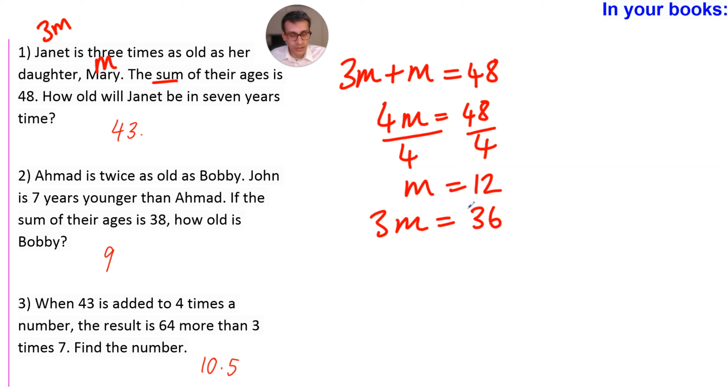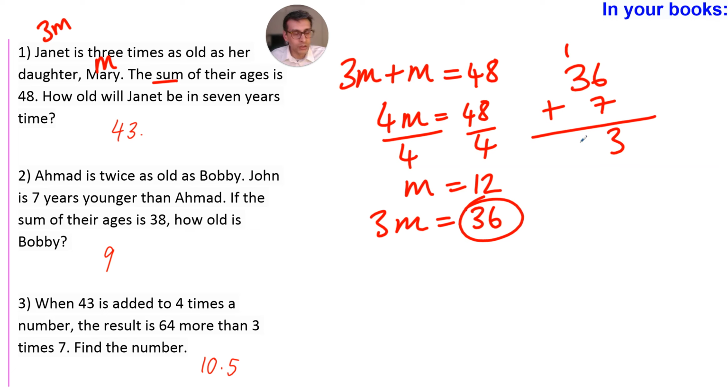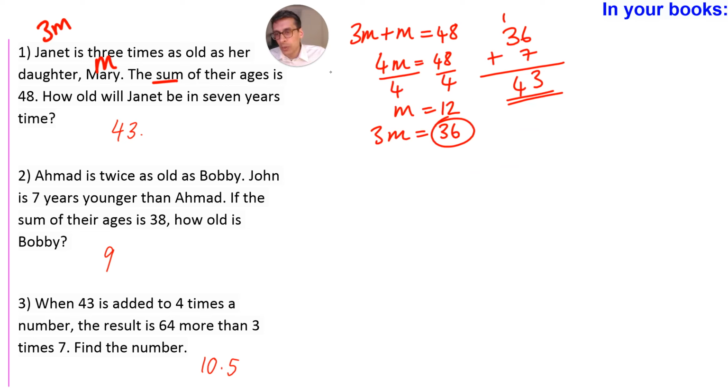Well, Janet is 36. So 36 plus 7 is going to give you 13. And 1 and 3 is 4. So 43 years old.